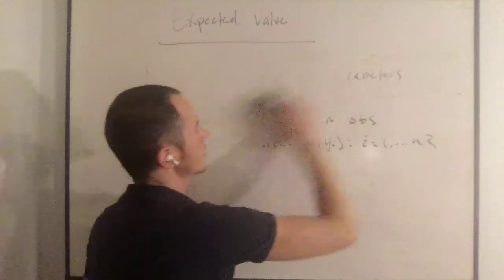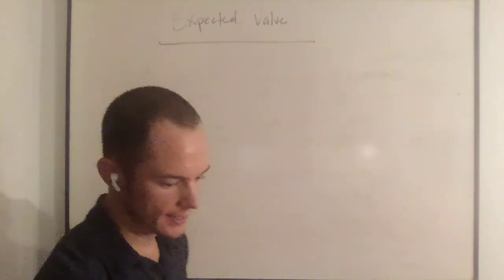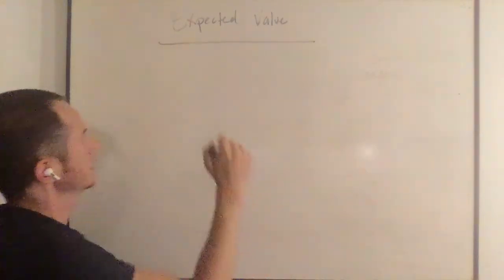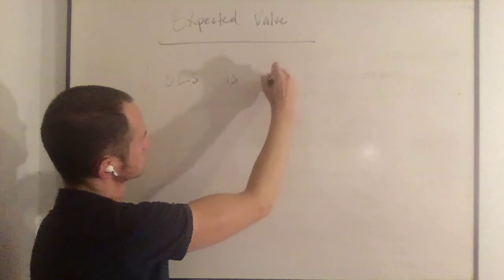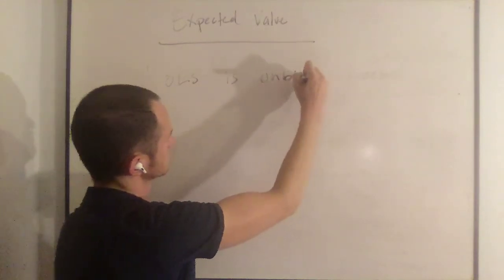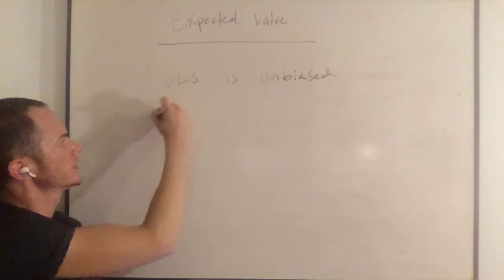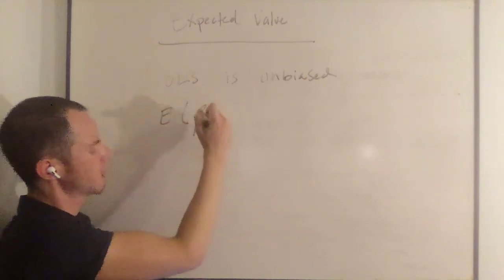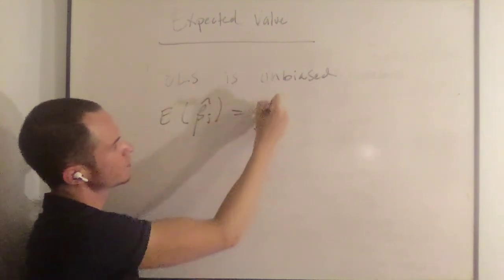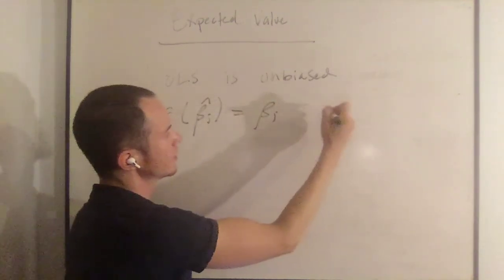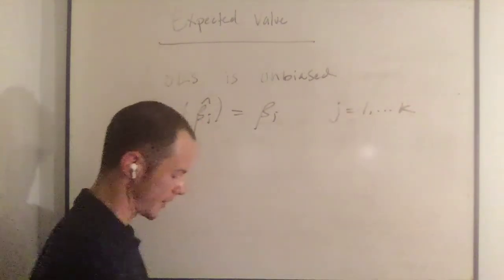So if we are able to satisfy all of these assumptions, then OLS is unbiased, okay? The expected value of beta j hat is equal to beta j for j equal to 1 through k.